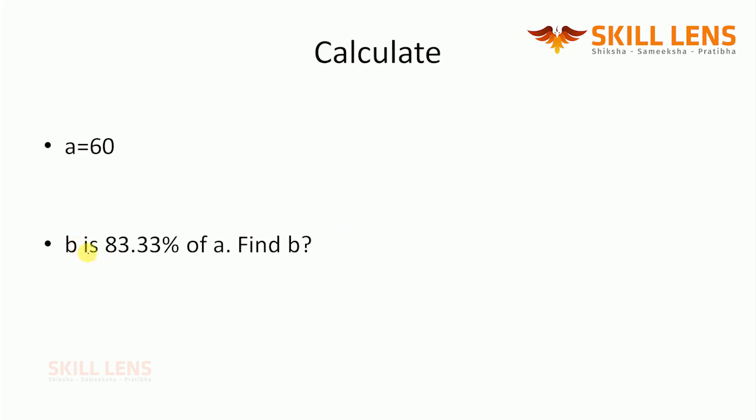B is means equals to. Recollect your 83.33. What is the fraction value? The fraction value is 5 by 6 times A. What is A? 60. So 6 times 10.